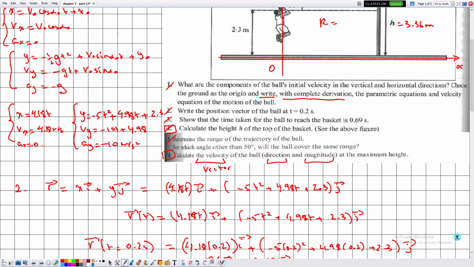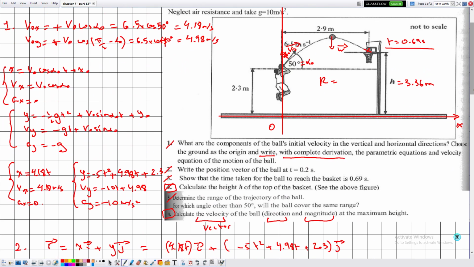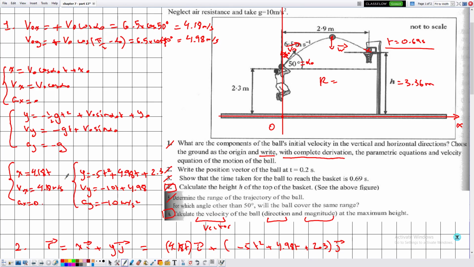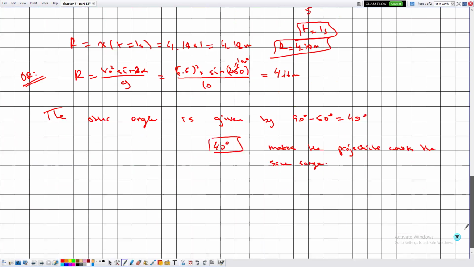At the maximum height, given by this point, it is described by which condition? At this point the velocity is tangent to the trajectory, which is completely parallel to the x-axis, which means that the y component is 0. So if the y component is 0, no need to calculate time. Notice that we are interested in determining the velocity vector.